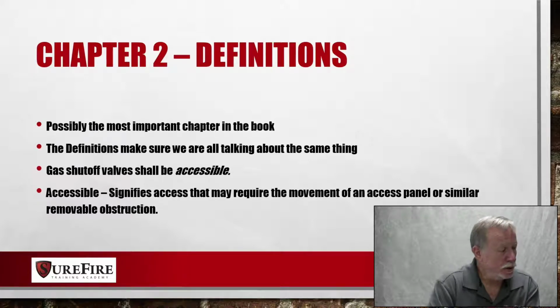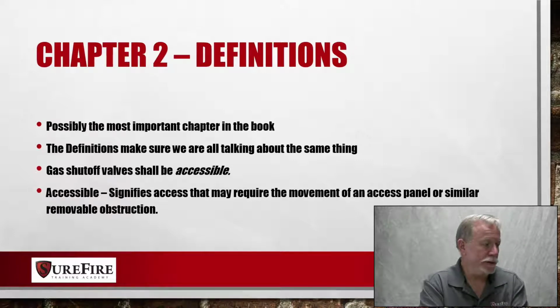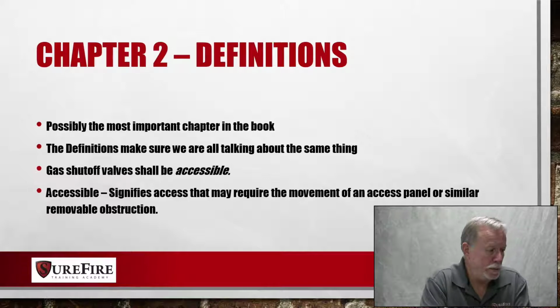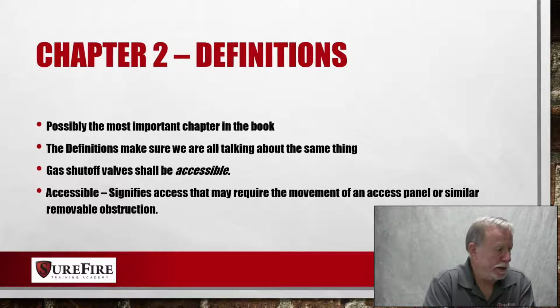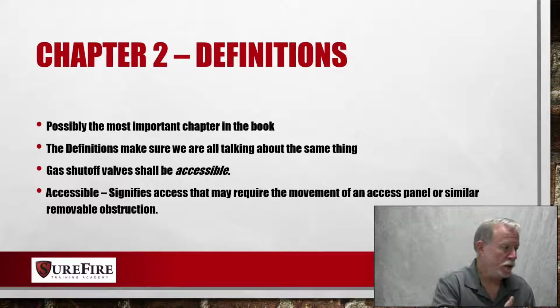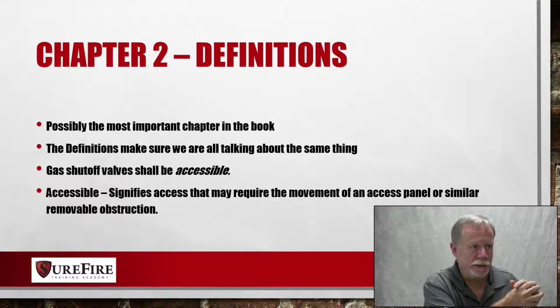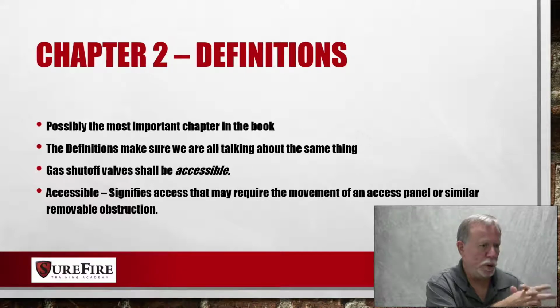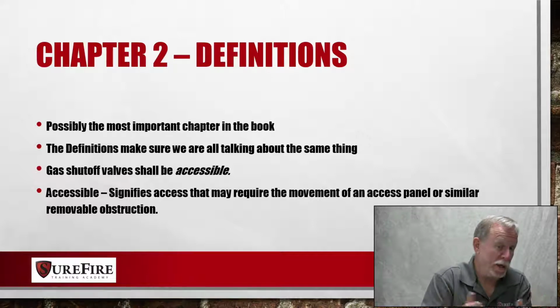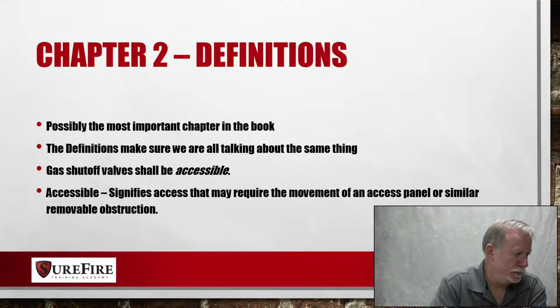If you look in the definitions, there's a definition for accessible, and it signifies access that may require the movement of an access panel or similar removable obstruction. So what they're saying is the gas shutoff valve might be behind a little movable door or panel, or it might be out in the open.